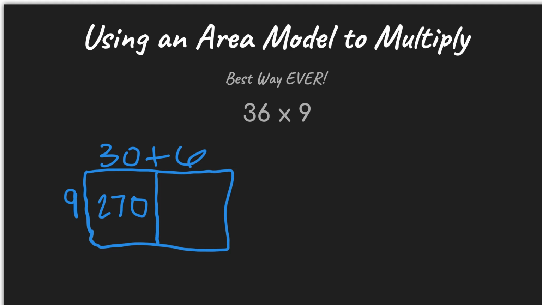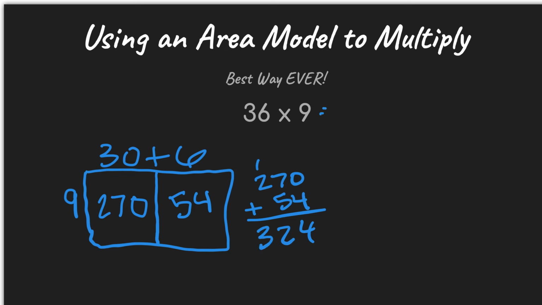And then I could add that 0, this little guy right here. So 270. 9 times 6 is 54. And then to figure our answer out, I'm going to add those 2 numbers together. And this is going to give us our total, or our product, I guess I should say. 7 plus 5 is 12. So we could say 36 times 9 equals 324.